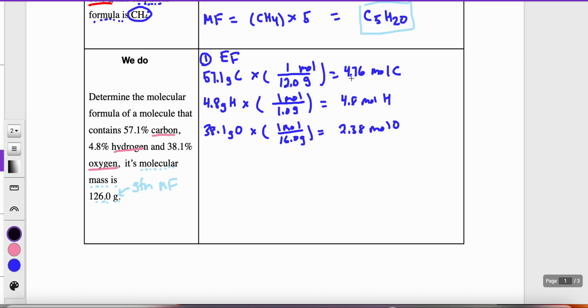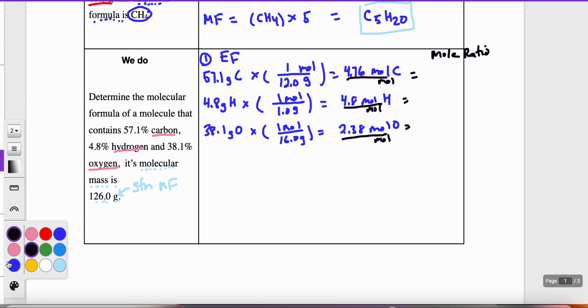Once I've changed each element's mass into moles, now I need to carry on and get to the mole ratio, which means I need to do math which will reduce out or eliminate the unit mole. And when you do that, then you end up with your ratio. So we've got to come up with our mole ratio. So we have to divide each of these mole values by the smallest mole value, which happens to be oxygen's mole value of 2.38.